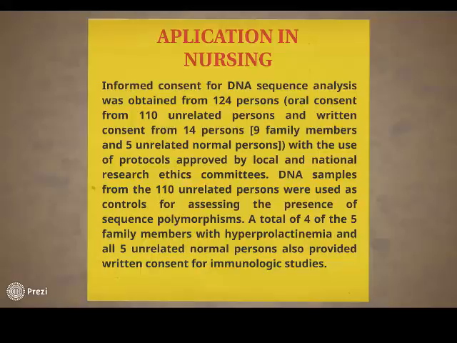DNA samples from the 110 unrelated persons were used as controls for assessing the presence of sequencing polymorphisms. A total of 4 of the 5 family members with hyperprolactinemia and all 5 unrelated normal persons also provided written consent for immunologic studies.